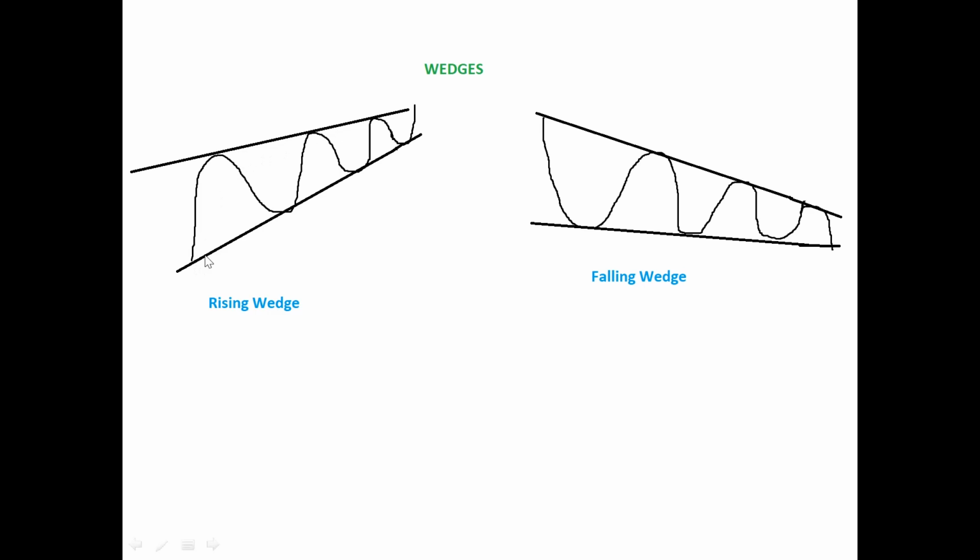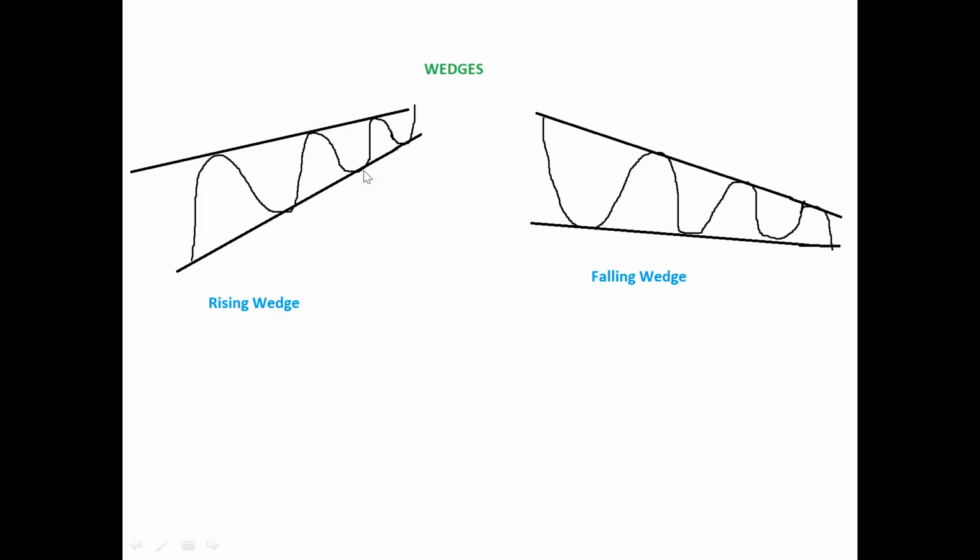So thus here the price is making higher highs. You see, this high is higher than this high, then this high is higher than this high. The price is making higher highs. Also the price is making higher lows. You see, this low is higher than this low, this low is higher than this low.